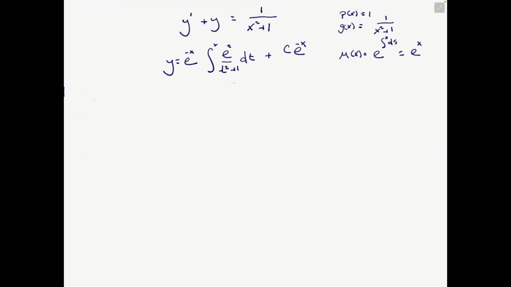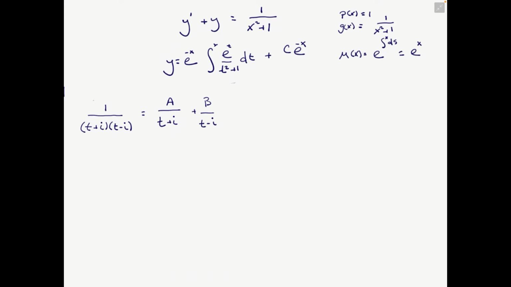So we have 1 over t plus i times t minus i is equal to a over t plus i plus b over t minus i.